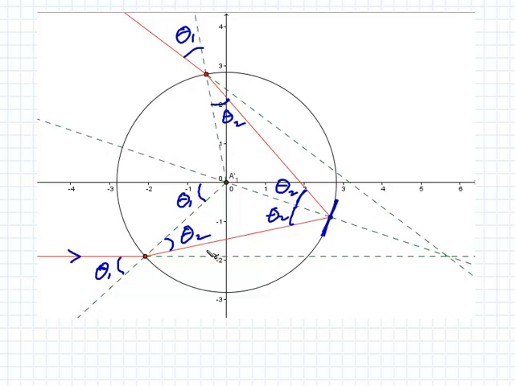The overall angle between this incoming ray and this outgoing ray is indicated back here, and I'm going to call that angle delta. And so this angle here is delta over 2. And notice that that angle is the same as this angle. This is delta over 2, because this line is parallel to this line, and these are corresponding angles again. So theta 1 plus delta over 2 add up to what's an exterior angle for this triangle.